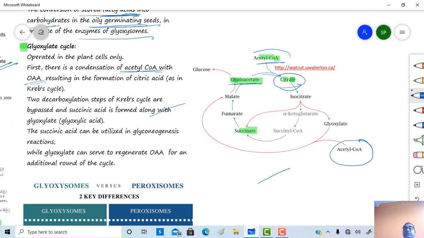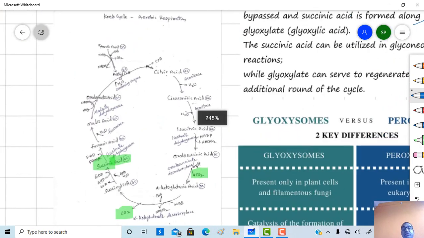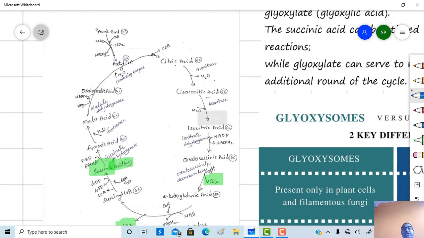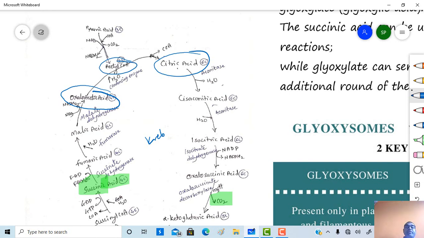Okay, this occurs as in a Krebs cycle. You can see the Krebs cycle on the same channel under the photosynthesis. So during this Krebs cycle, citric acid is produced from the oxaloacetic acid and acetyl coenzyme A.